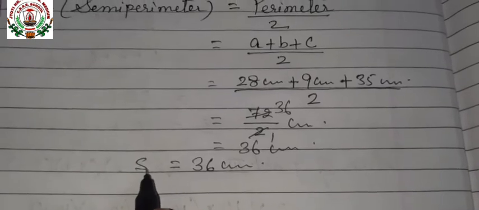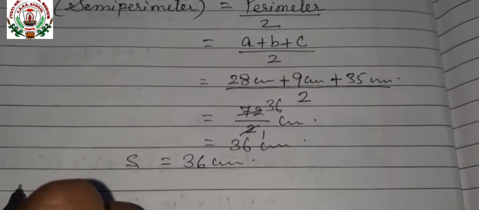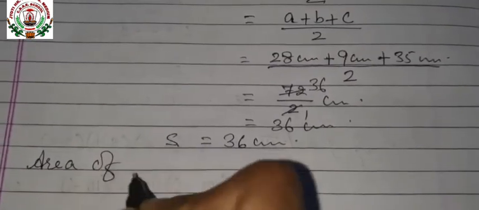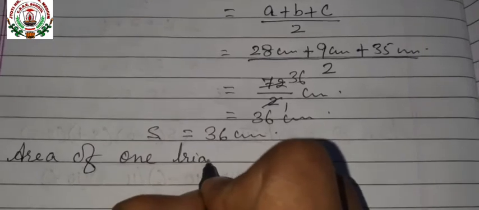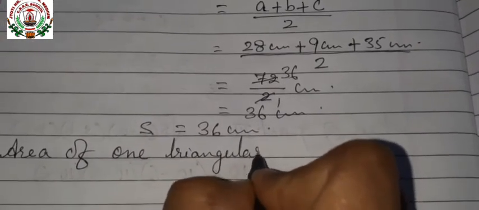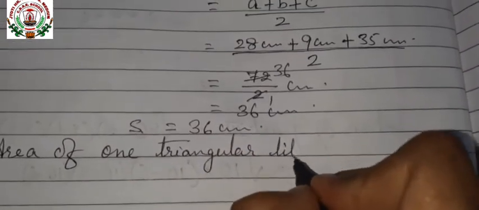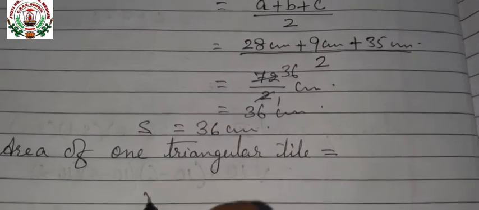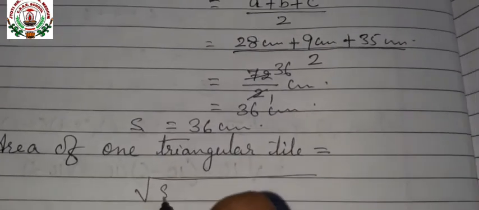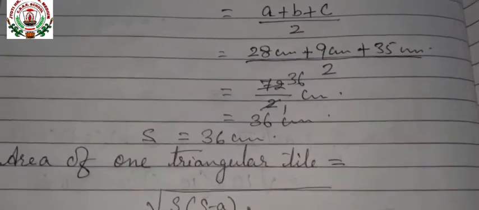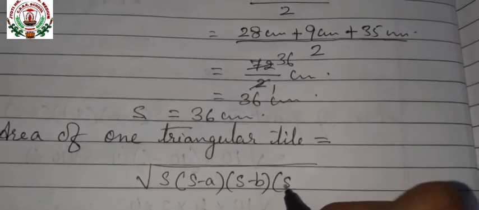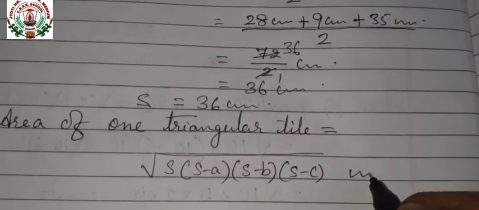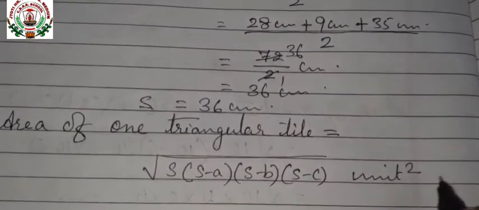Now S is known to us, A, B, C is known to us. Then area of one triangular tile equals square root of S into S minus A into S minus B into S minus C, by Heron's formula, in unit cm square.